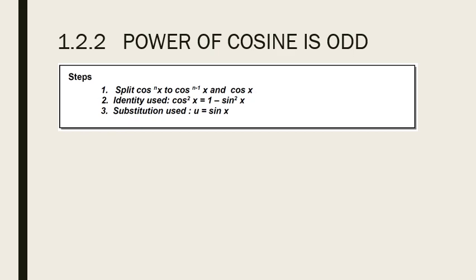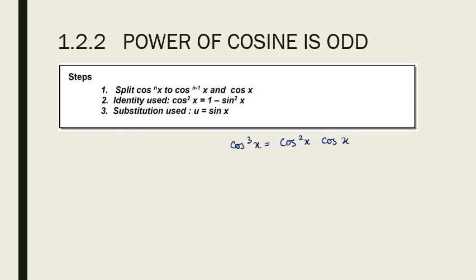When we find that cos is odd, cos must be split. So split cos power of nx into cos power of n minus 1 x and cos x. Same as before, when we have cos cube x, split it to become cos square x, cos x.